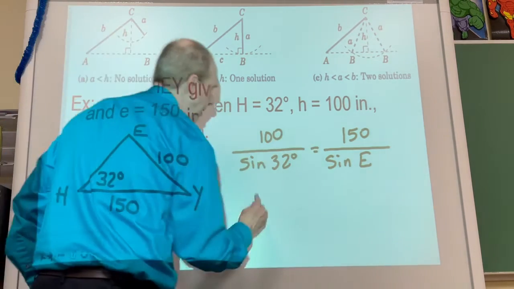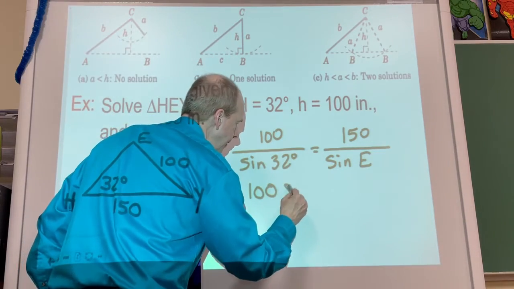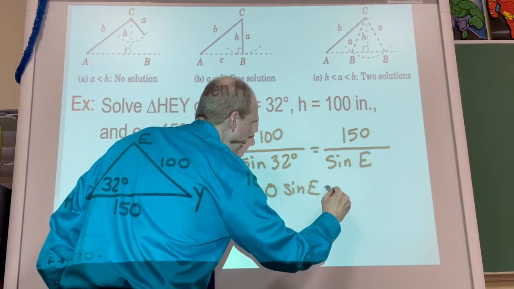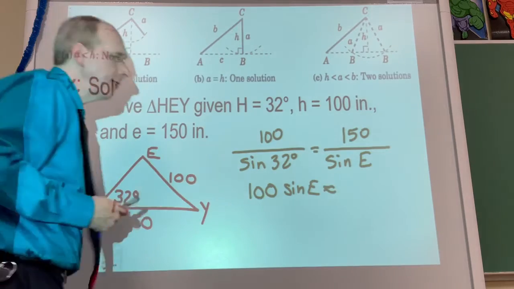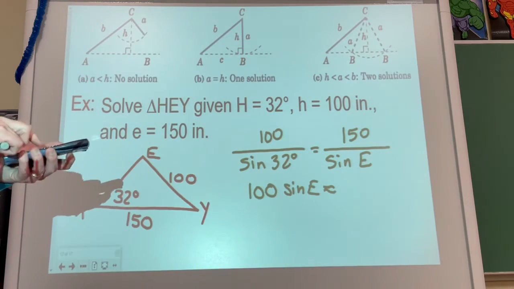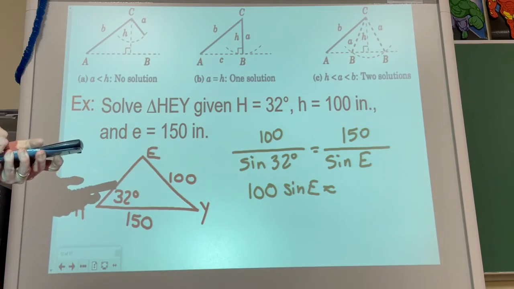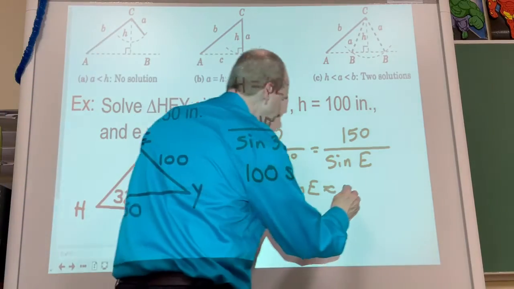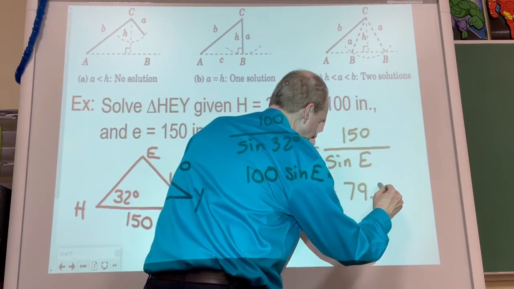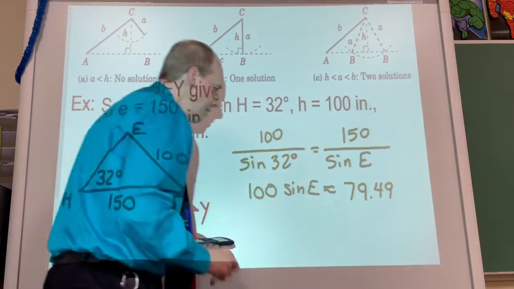All right, so cross multiplying, 100 sine of E is about 150 times sine of 32 degrees, 79.49. Divide by 100.